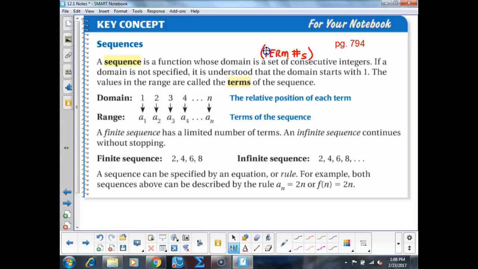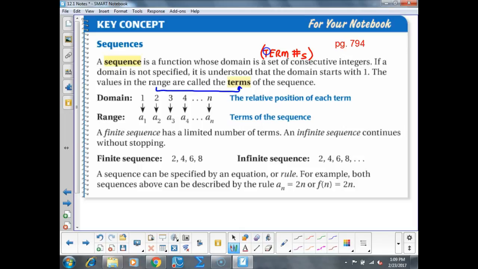The actual terms are technically the range. It's the outputs of the sequence. Term numbers are the domain. Range then is the terms.